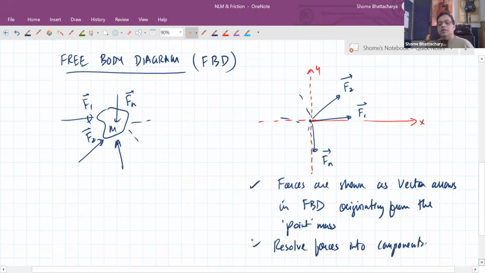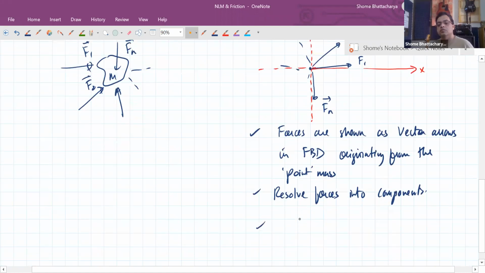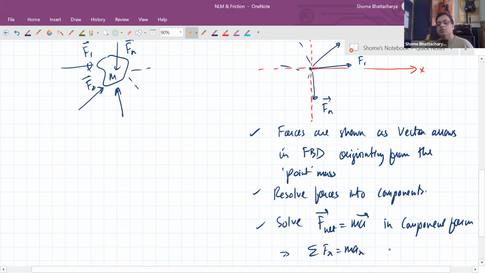Okay. And finally, solve this equation in component form. Okay. So that is summation of x component of forces is mass into x component of acceleration, and summation of y component of forces becomes mass into y component of acceleration.